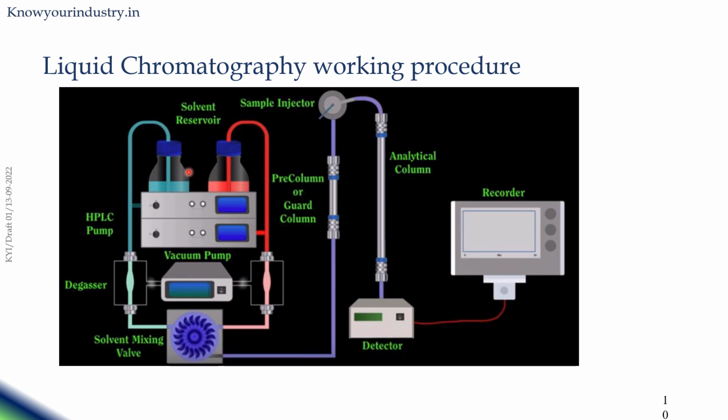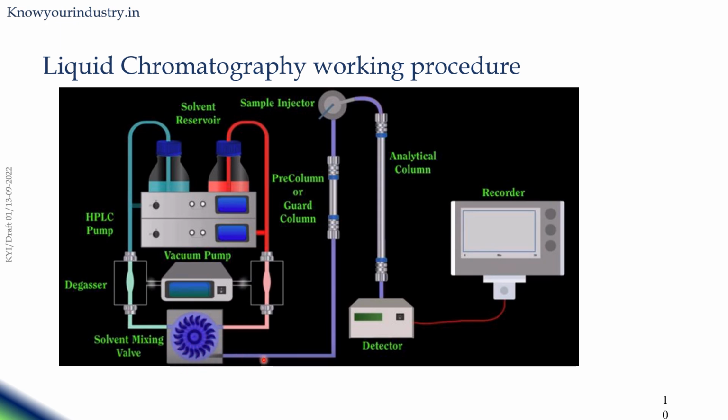At a time you can use multiple mobile phase reservoirs; generally different mobile phases are used, and eventually they will be mixed in a mixing area. The mobile phases are kept above the system in glass bottles, and both will be passed through degassers to remove the dissolved gas from the mobile phase, and it will be pumped into a mixing unit, the solvent mixing unit or mobile phase mixing unit.